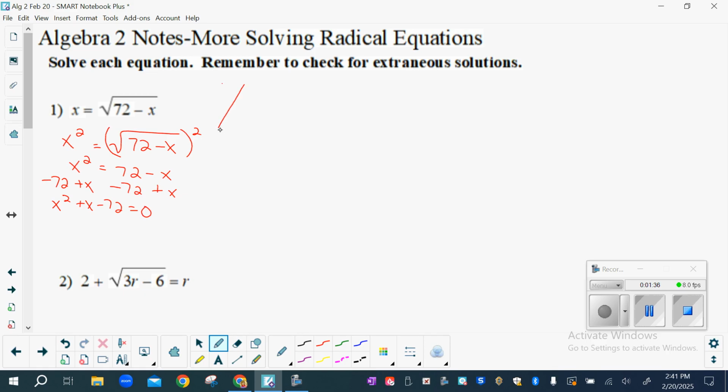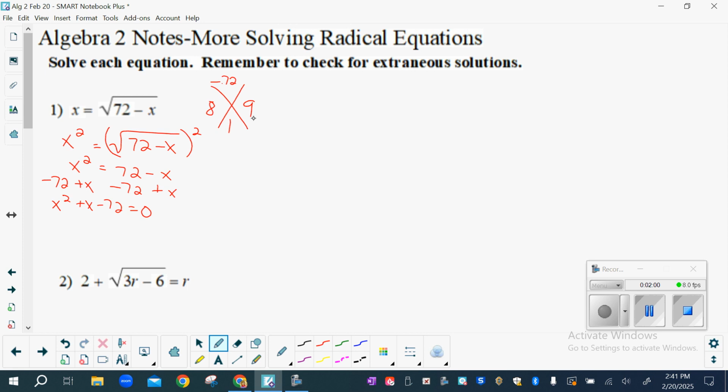Now we're going to factor. What multiplies to negative 72 and adds to 1? Positive 9 and negative 8. Good. I like how you have a positive and a negative.